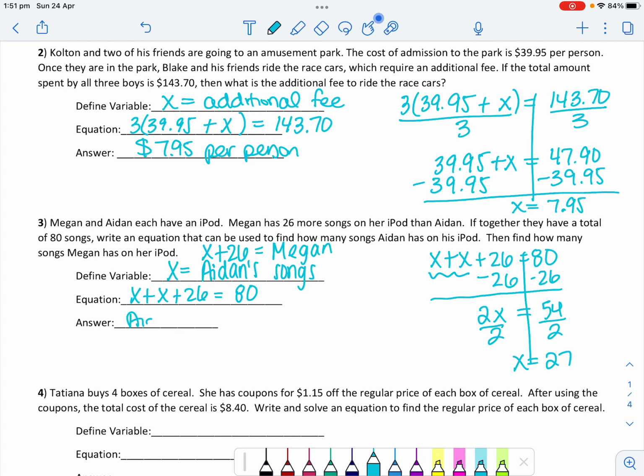So Aiden has 27 songs. It's an ugly 7. And Megan has 53 songs because 27 plus 26 is 53.